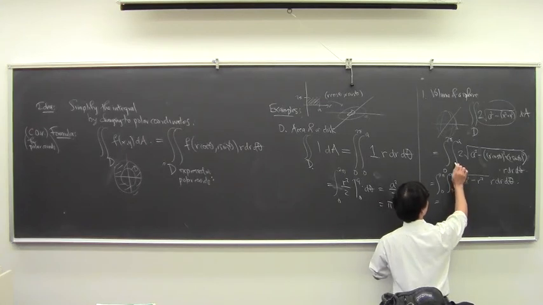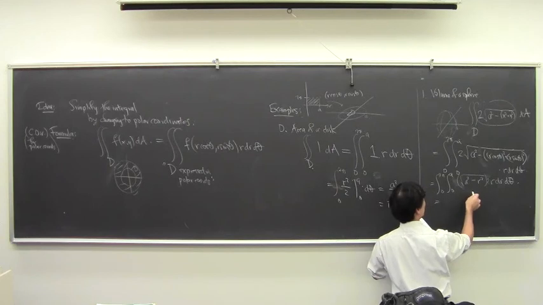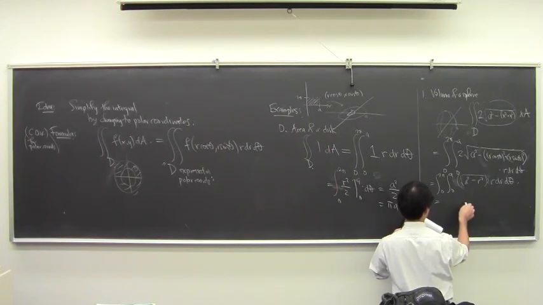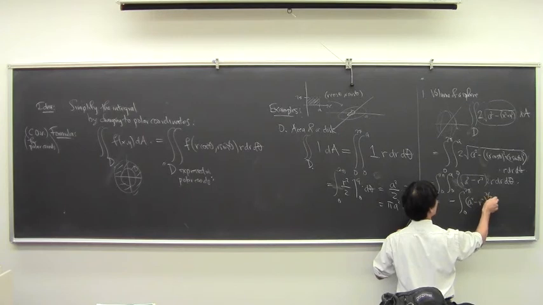That's nice because we have this 2r here. We can use that to integrate. So we get negative the integral from 0 to a of a squared minus r squared to the 3 halves.